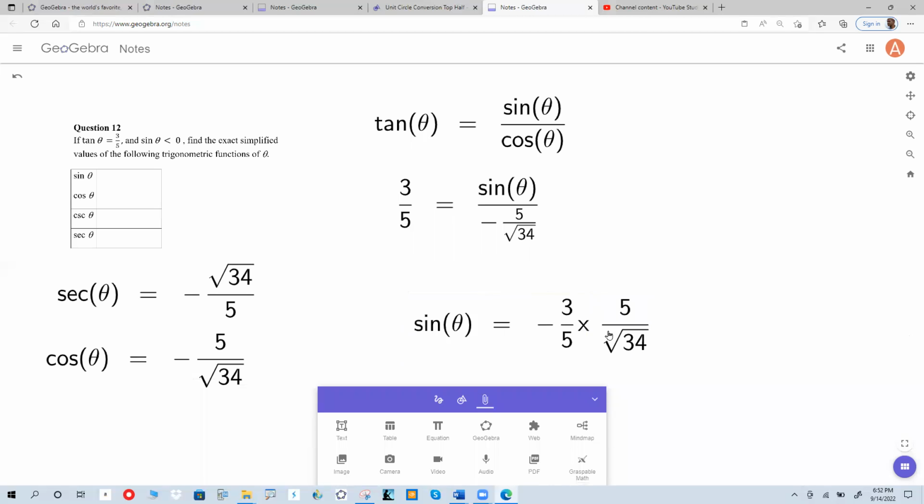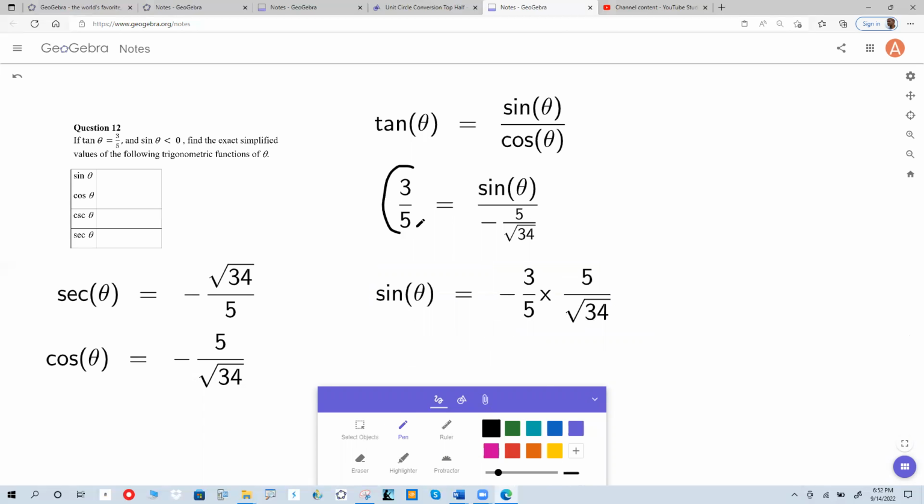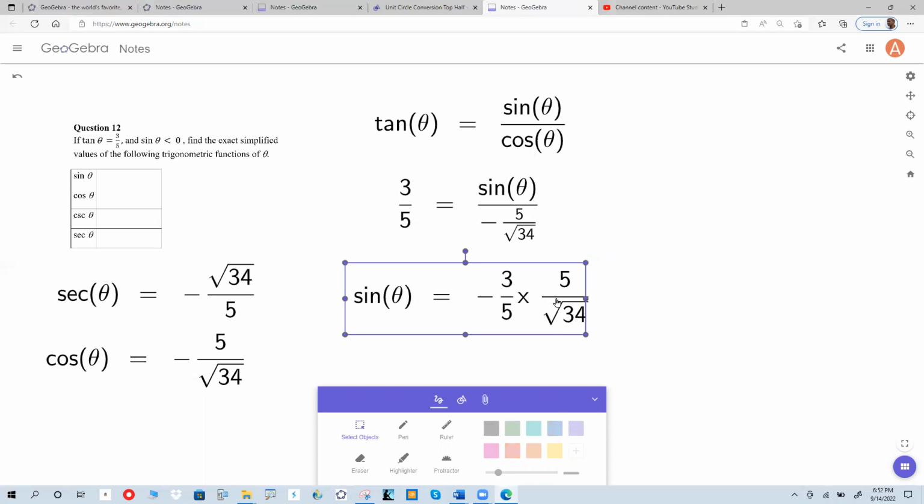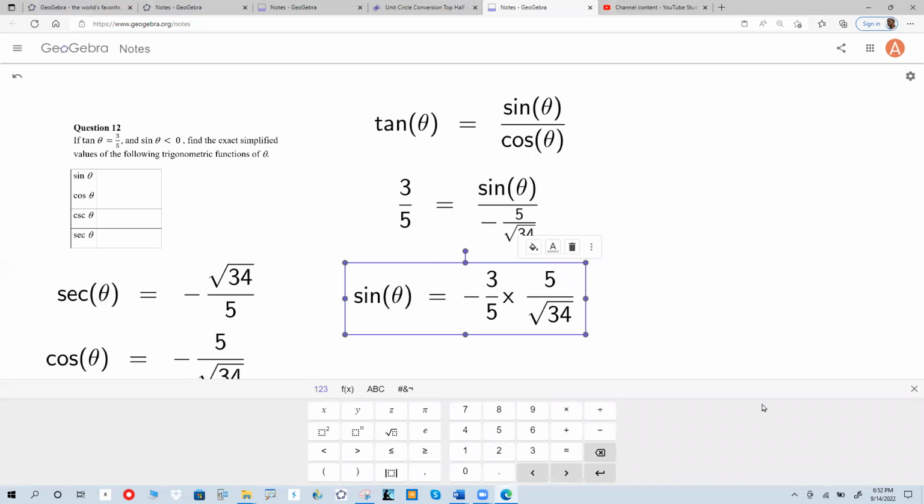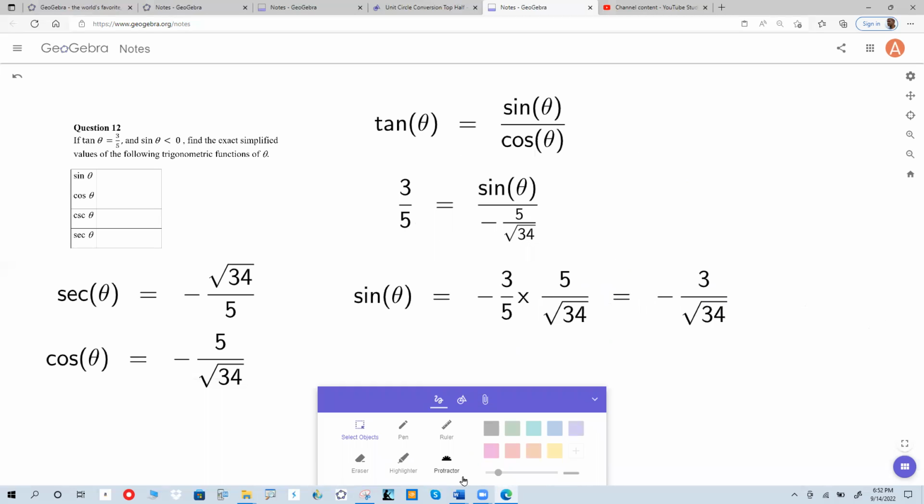All I did here, guys, I multiplied this by this. You can call it cross multiplication. You can pretend there is a 1 here. 1 times sine theta is this, and these two things multiplied will give you this. I'm going to erase my scratch work. So this one, I can cancel 5 and 5, and I'll be left with negative 3 over radical 34.